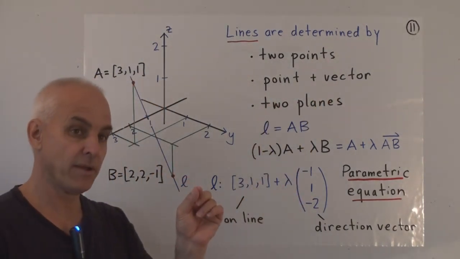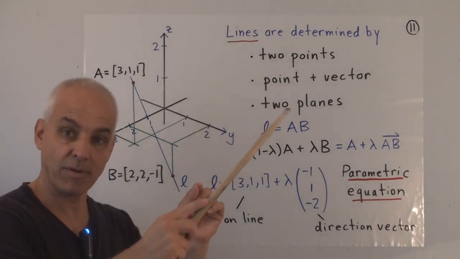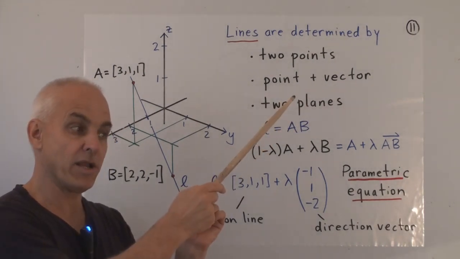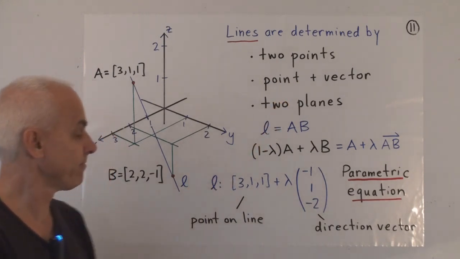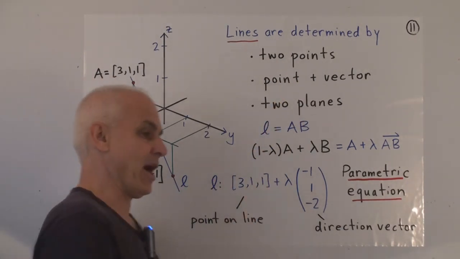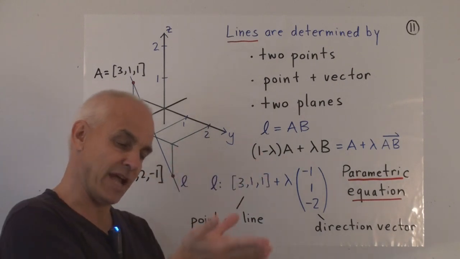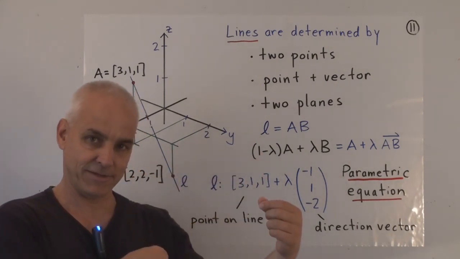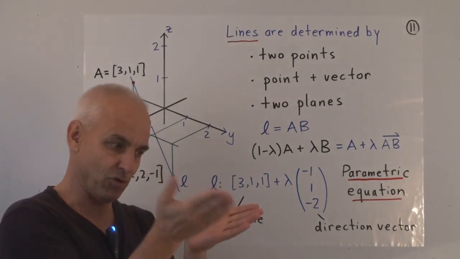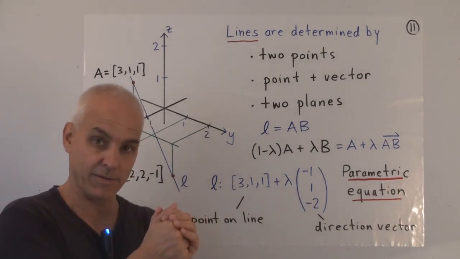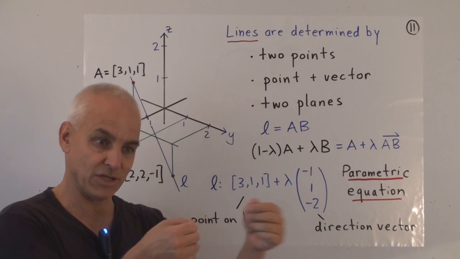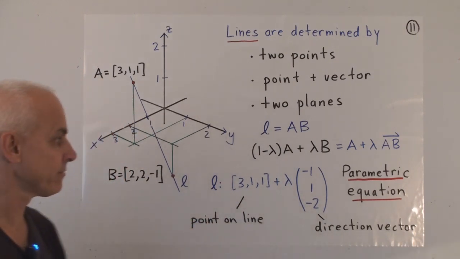If we have a point and we have a direction vector, then there's exactly one line through the point with that direction vector. Another way to think about a line is as the intersection between 2 planes. Given 2 planes, the meet is a line. So that's another way of describing a line, is by giving 2 planes which intersect along the line.